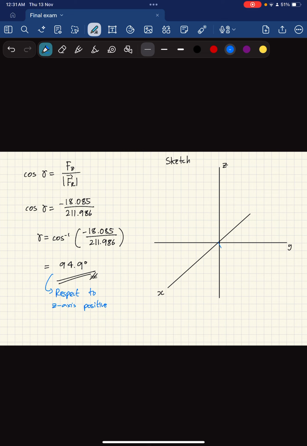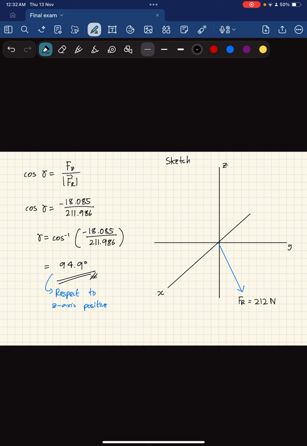So the force would be somewhere here, by the way. The magnitude of the resultant force, Fr, is equivalent to 212 newtons.